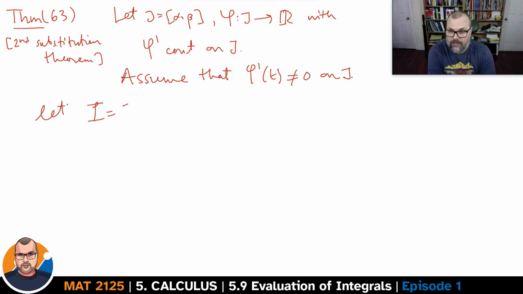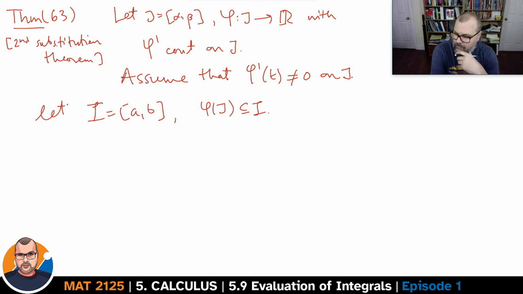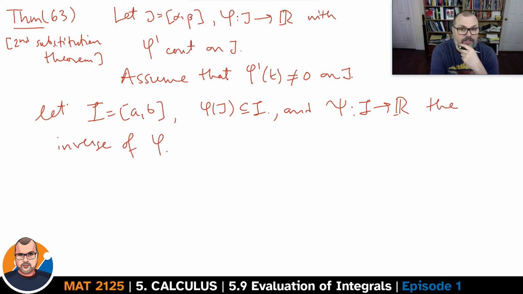Let I be the interval AB, with phi of j contained in I. Let psi be a function from I to R, which is in fact the inverse of phi. That such an inverse exists is guaranteed by the fact that the derivative of this function phi, which is continuous, is never 0. So the function is always monotone increasing or monotone decreasing, and so the inverse exists. It's just the reflection, if you want, when we invert x and y.